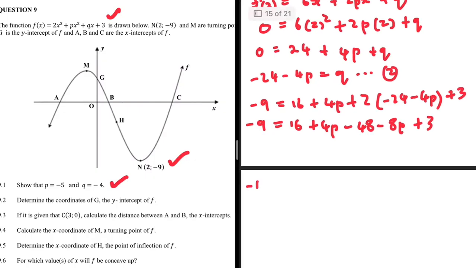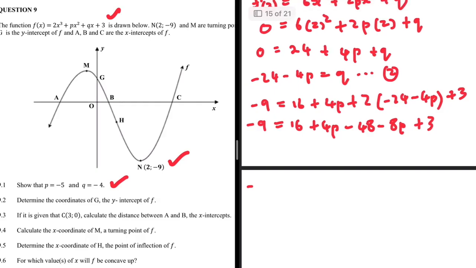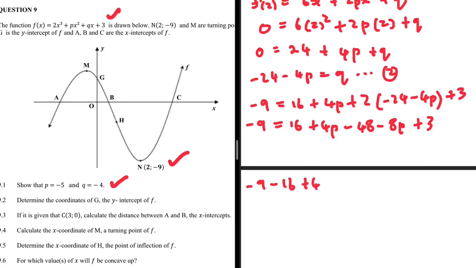So minus 9, that is not minus 9, minus 9 minus 16 plus 48 minus 3 is equals to 4p minus 8p, which is minus 4p.